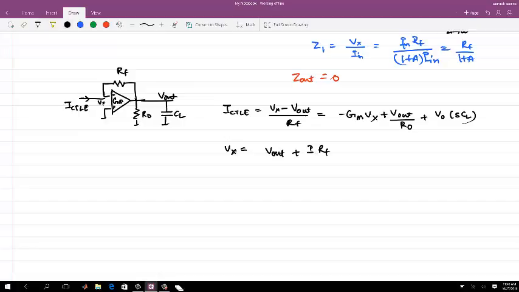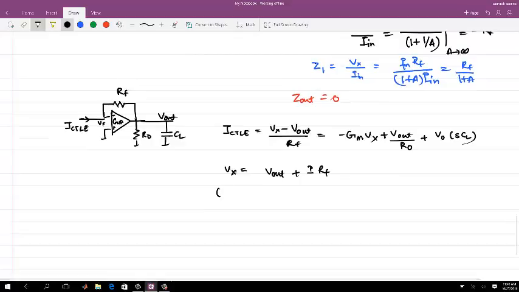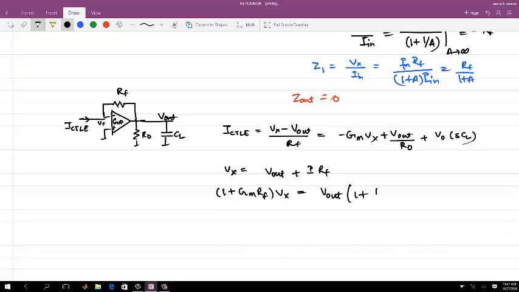Let's just write I_RF, don't write it out every time. And the other equation will be, this one is 1. So I have this gm Vx current going here. 1 plus gm RF times Vx is equal to Vout into 1 plus RF by RO plus sCL.